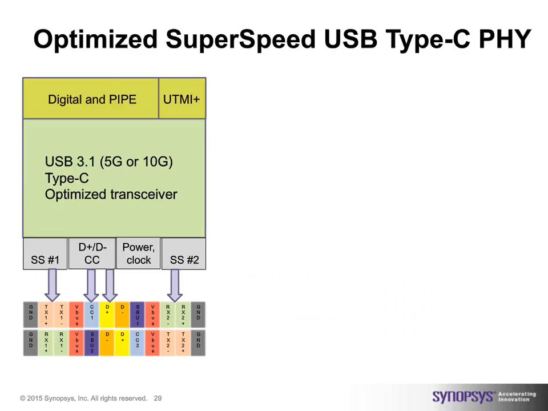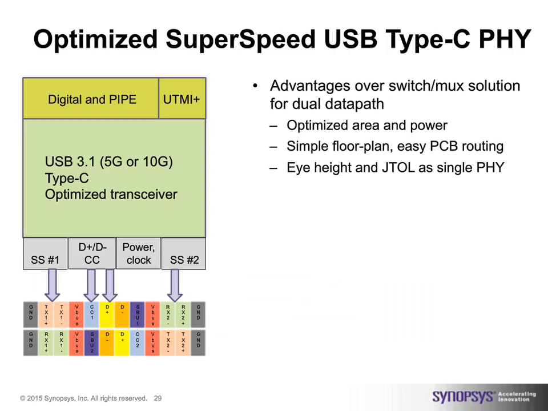So if you partition your system more in between a processor, a PMIC, and the PHY, what solutions could designers look for when they're implementing an integrated Type-C USB controller and PHY? I would strongly suggest they look at an optimized Type-C PHY. The advantages over a switch or multiplexer solution is that you'll have an optimized area and power.